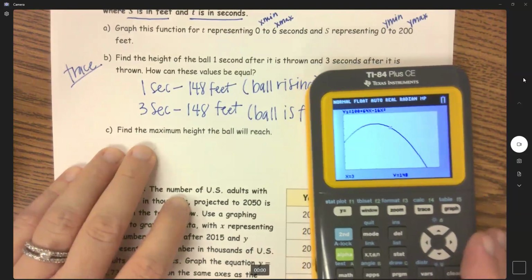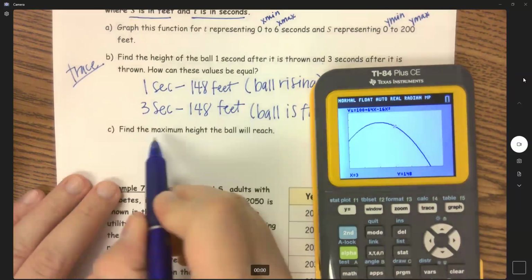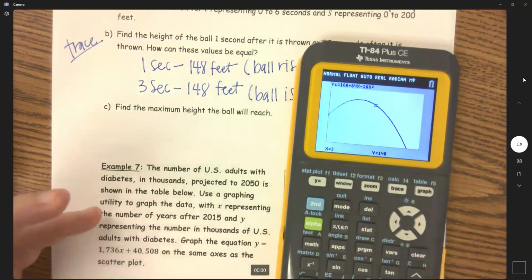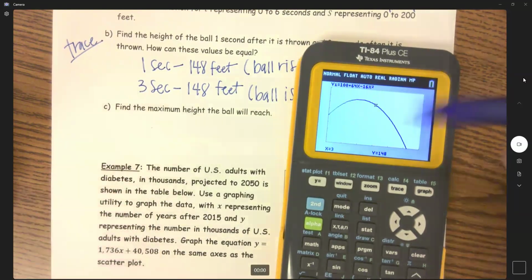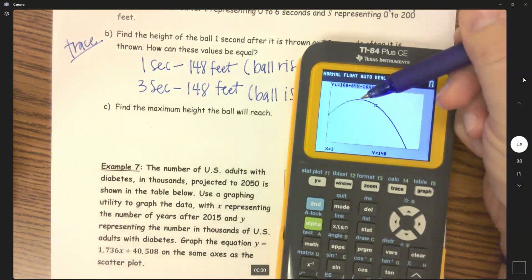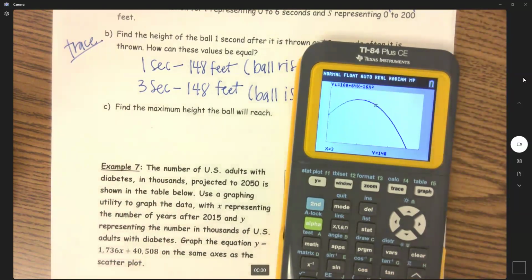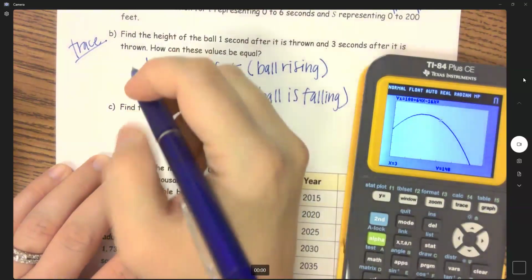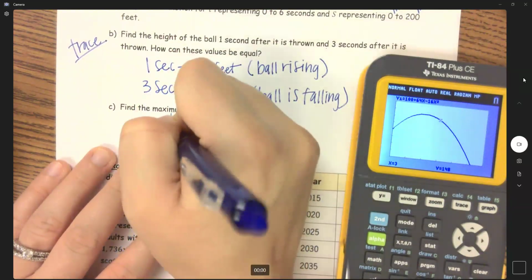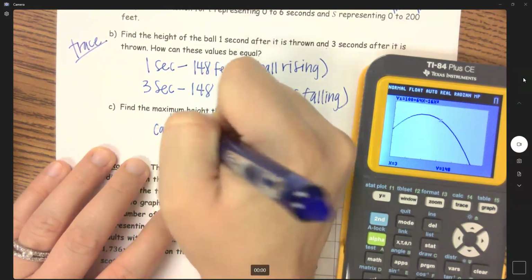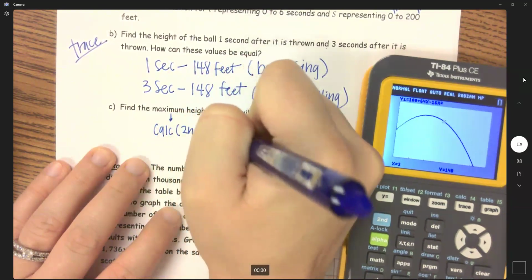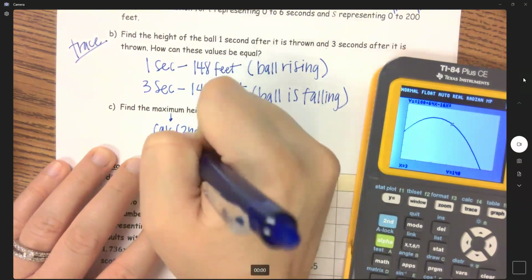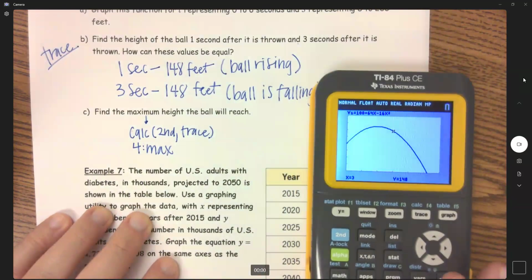Okay, now find the maximum height. That maximum height should be your key word here. They call it turning point sometimes, but it's the max. What is this highest point right here? So to do that, again, we're going to hit calc, which we get to by second, trace, and then we will do number 4 for the max.